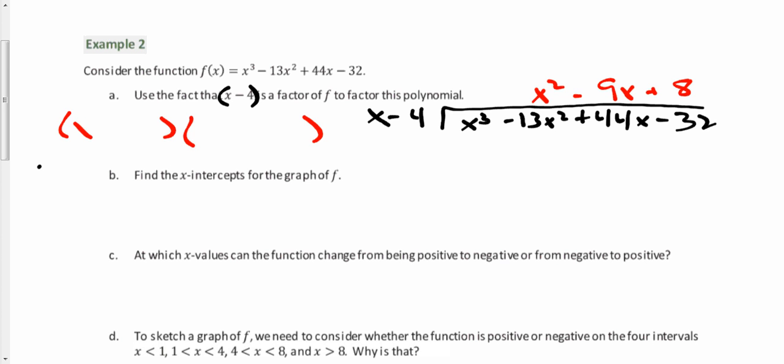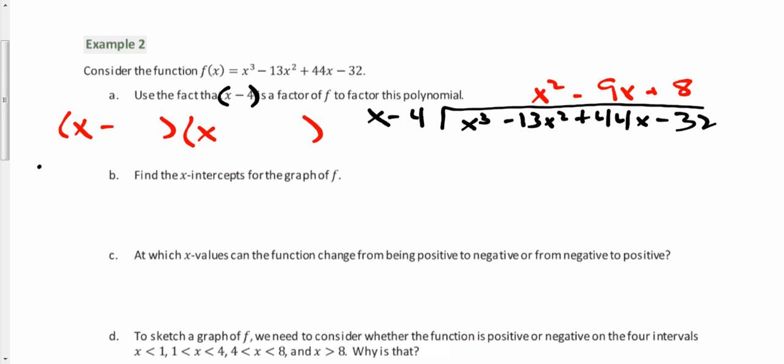I did x minus 9x. Okay, remember, it's going to be two binomials. So here's how we factor this. I got two things.